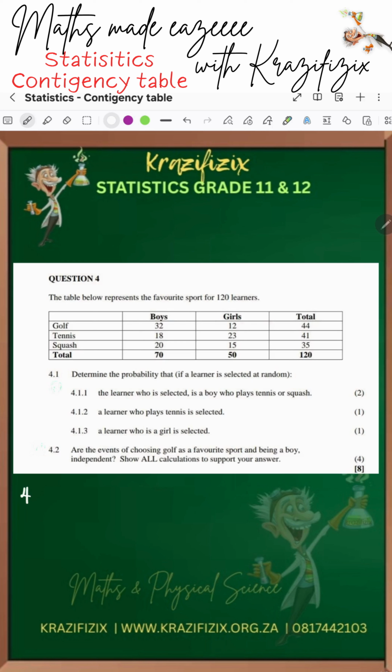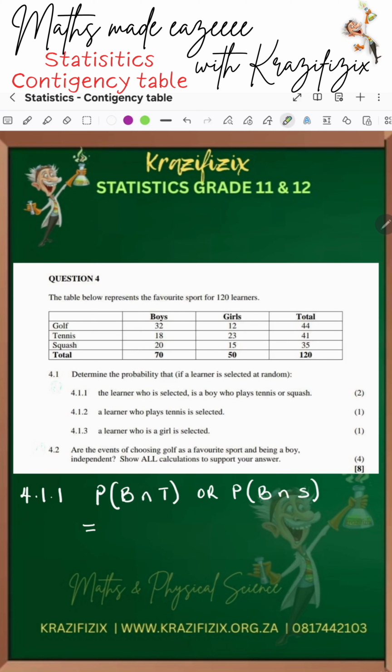Let's do it on this page. So it must be the probability of a boy who plays tennis, or the probability of a boy who plays squash. So we need to find the probability that you are a boy and you play tennis.